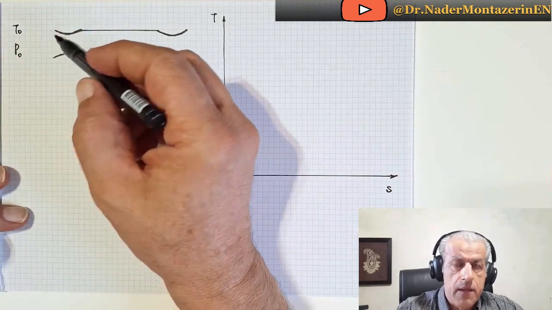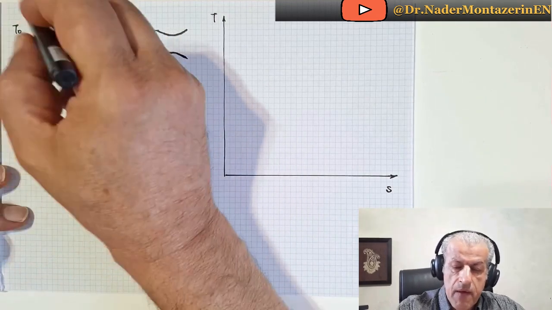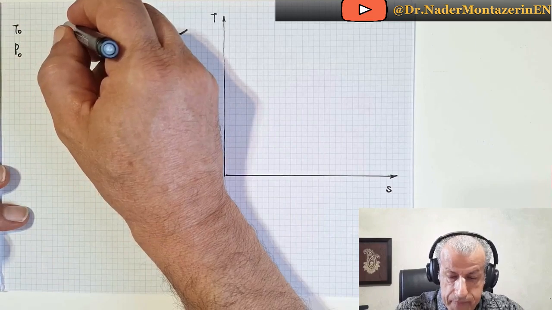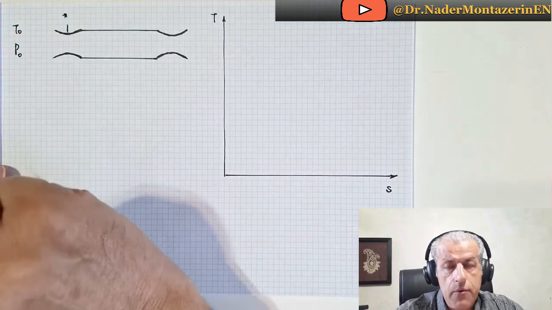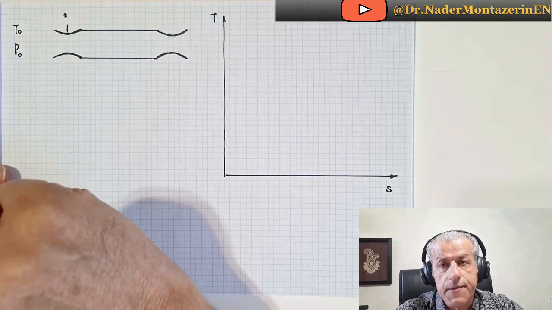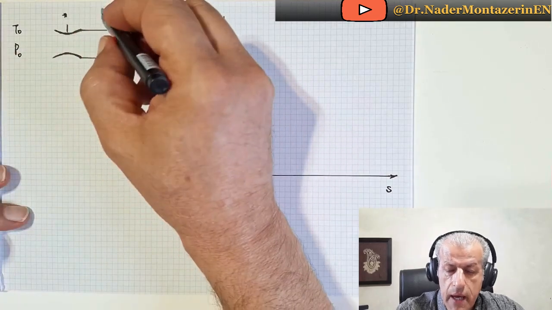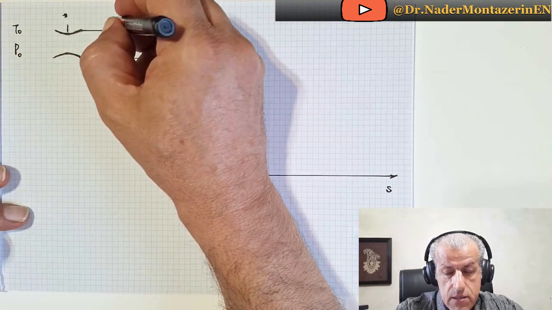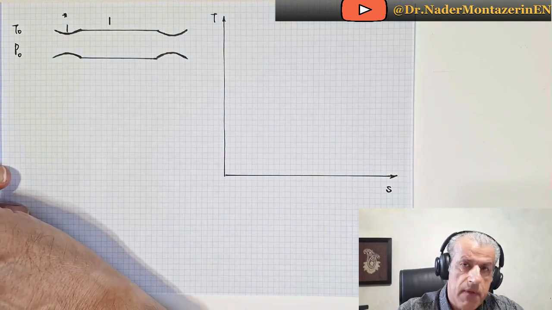Then the flow goes into a converging-diverging nozzle, where at the throat, let's call it star, it reaches sonic velocity. And then at the test section, let's call it 1, it has supersonic velocity.